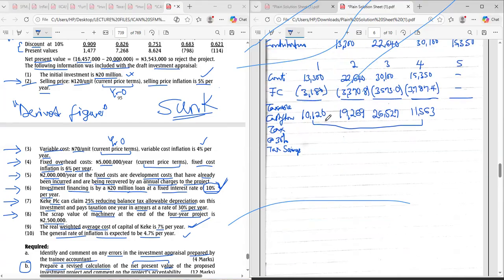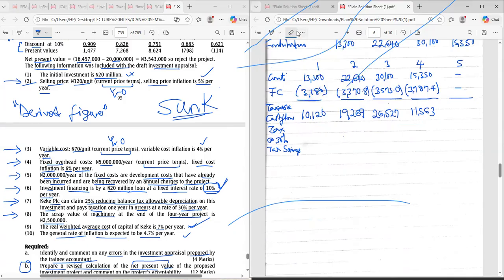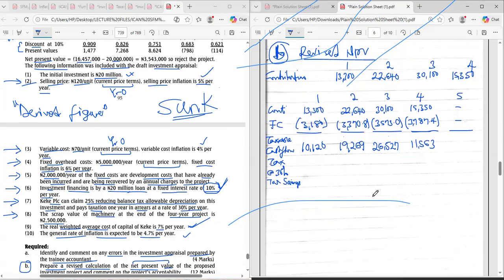So tax at 10,120, what do you have, please? So I'm going to put it under year 2. Okay, so this is tax at 30%. 36. So put it in brackets. Put the tax of 19,269. We're going to pay it in year 3. 5,781, bracket is tax.